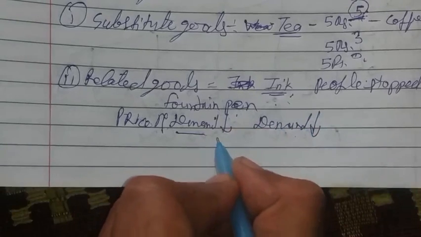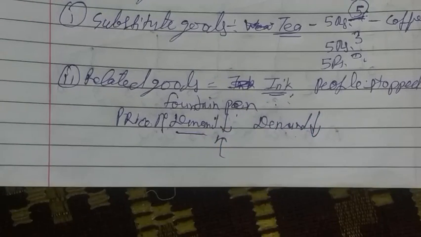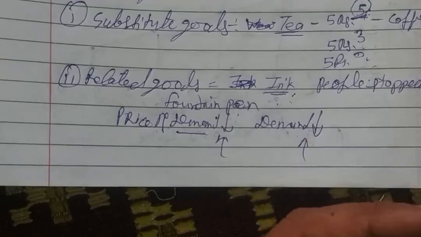Whenever the demand for related goods goes up, the demand for the main good would also go up. So this is how related goods work.